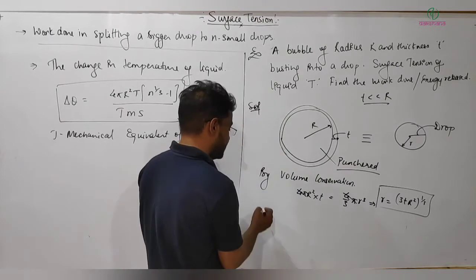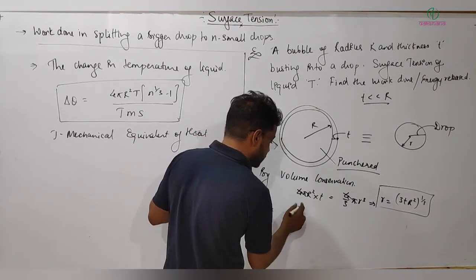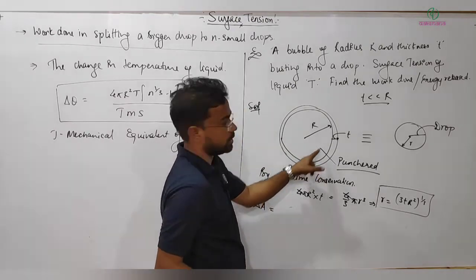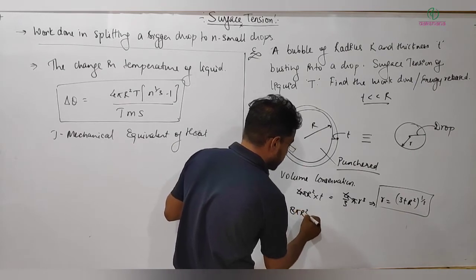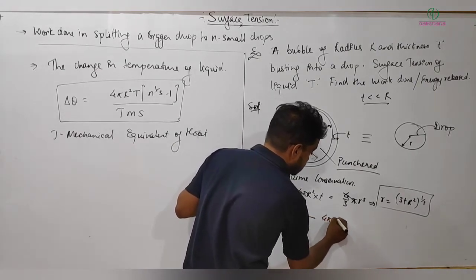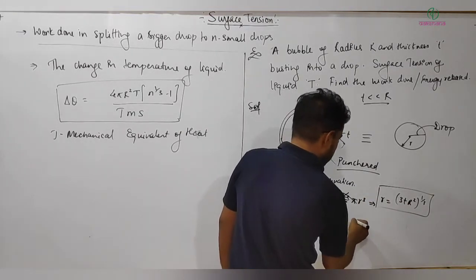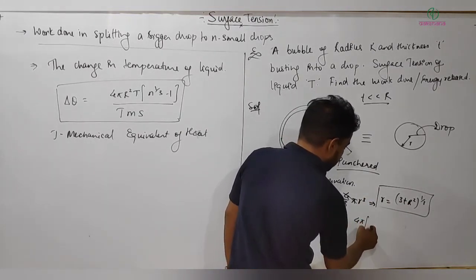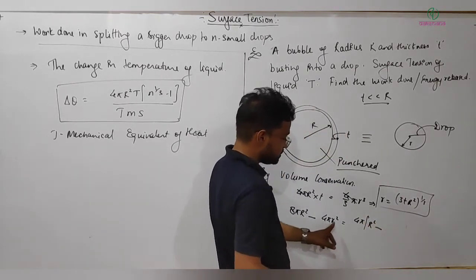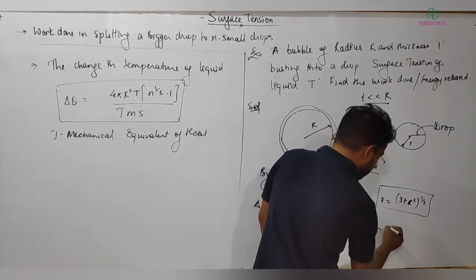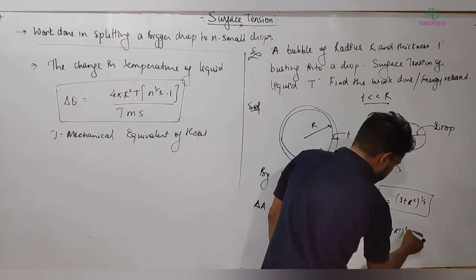Then what is the delta A? This is equal to 8 pi r square minus 4 pi small r square, because the bubble has two surfaces. Small r square, I can substitute this. So let me take 4 pi out, then it is 2 r square minus, substituting it there, (3 T r square) whole power 2 by 3.